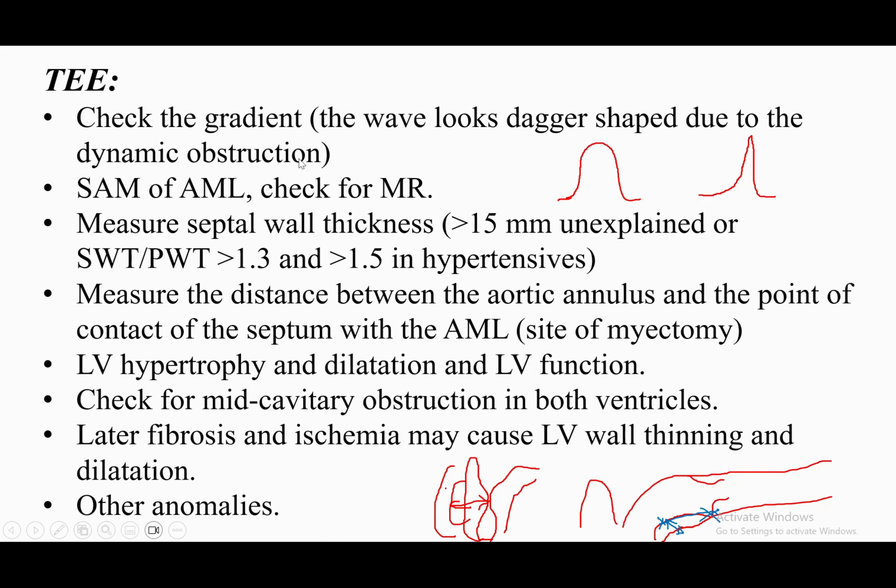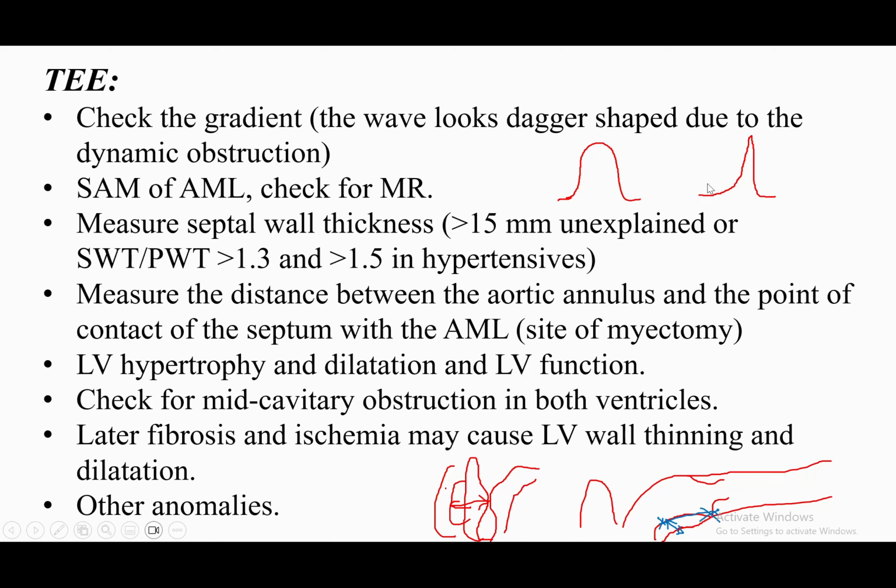Check the gradient. The wave looks like a dagger. It's dagger shaped due to the dynamic obstruction, as opposed to when there is a fixed obstruction. The wave is parabolic like this, with the peak in the middle, in mid systole, during the maximum flow of blood.